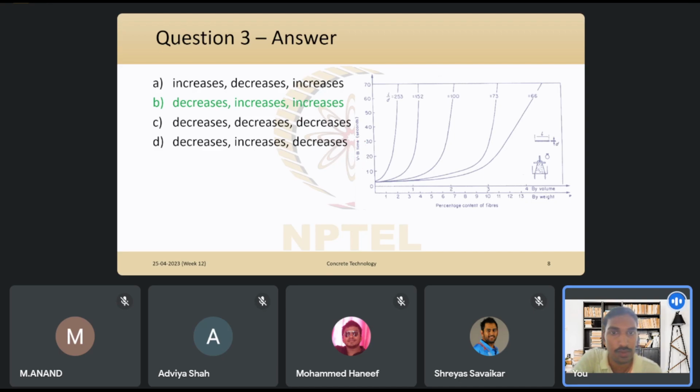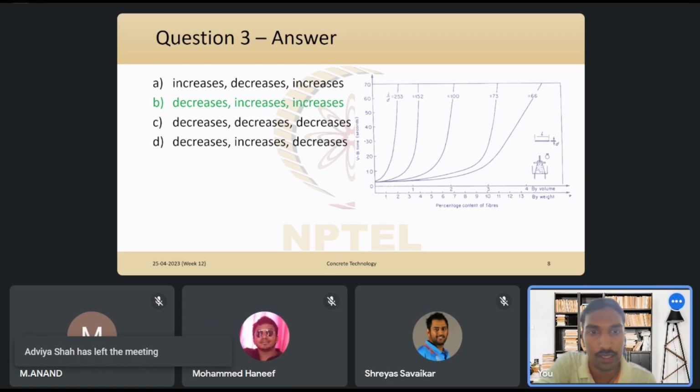So the lower your VB time, the higher your workability. On the x-axis we have the percentage content of fibers, by weight and by volume. There are different lines, and each line represents one particular aspect ratio. What is aspect ratio? It is the ratio of the length dimension to the depth dimension.